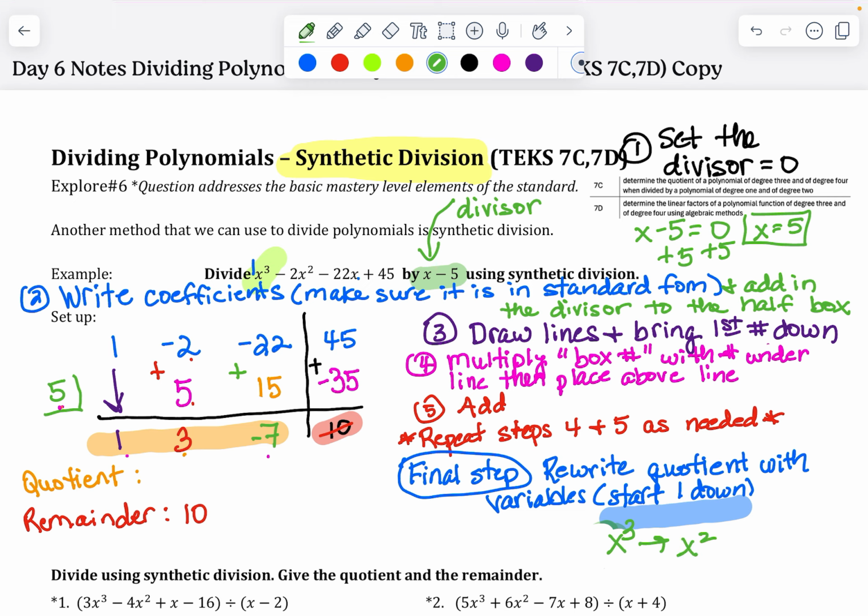So what you do is you put your x squared here, and that was a +3. After x squared, when you do standard form, it would be a plain x, and that already had a sign. So my quotient is x squared plus 3x minus 7. So technically, this right here is your answer.